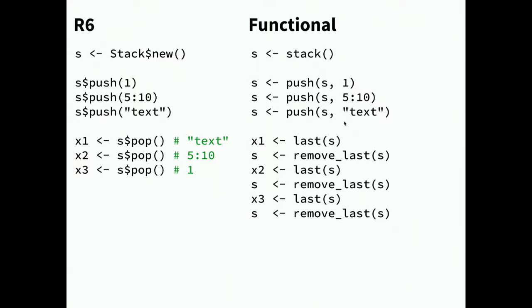And if you want to remove things from the stack, if you want to get the top item and then remove it from the stack, first you'd call a function that takes that top item off, let's say last_of(s), save that in x1, and then you call remove_last_of(s) to modify s itself, and then you'd have to save that back in s. So there are 2 steps here. Whereas if you're using R6, the method both modifies s and then it returns the value that you're interested in.